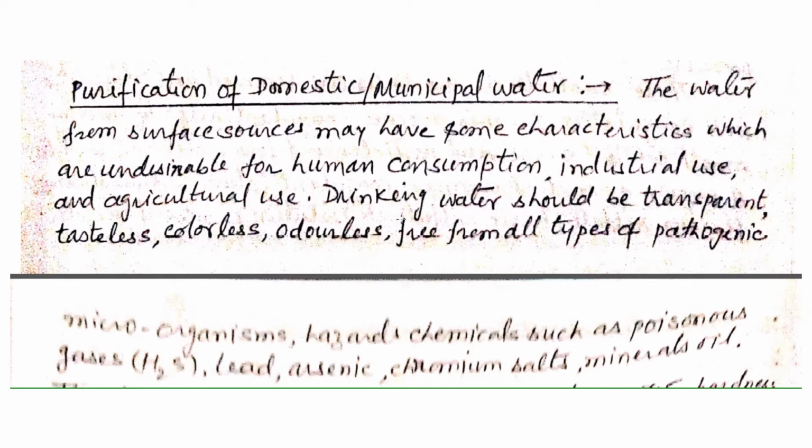Today we are going to discuss domestic water purification, or the purification of municipal water. As in previous classes, we discussed the sources of water and how water gets contaminated. As we know, rainwater in ideal condition is the purest form of water, but when it comes in contact with the earth's surface, it gets contaminated by many chemicals.